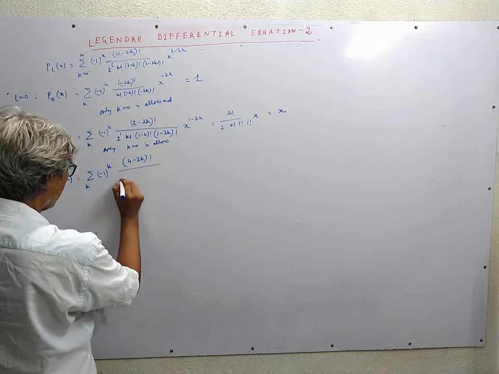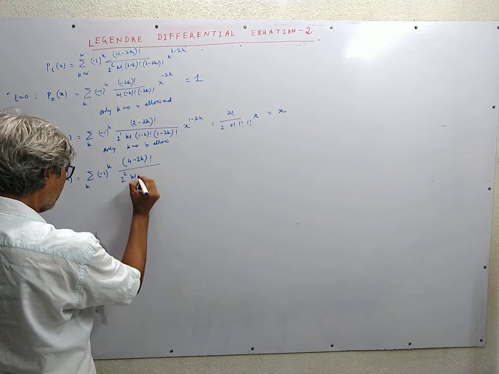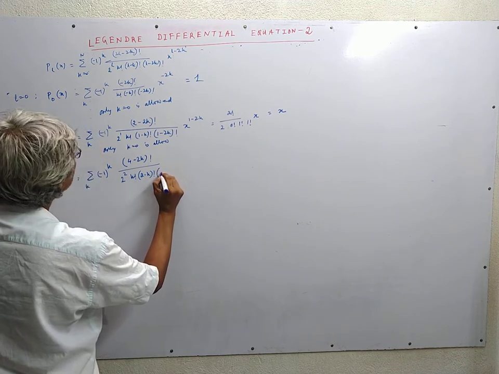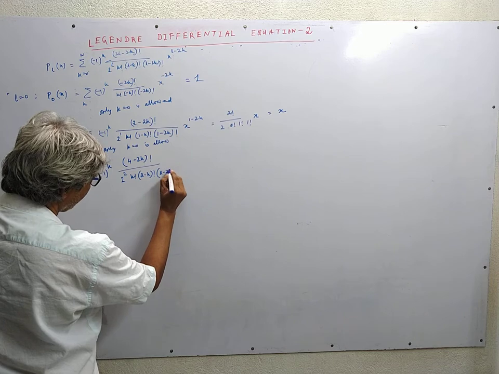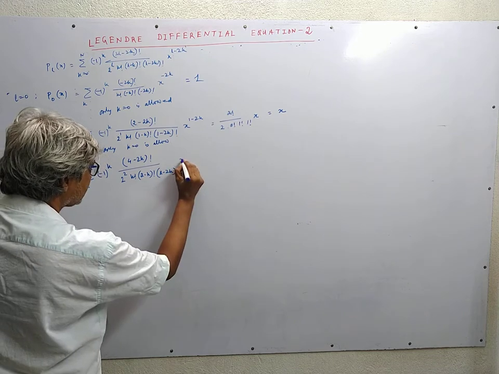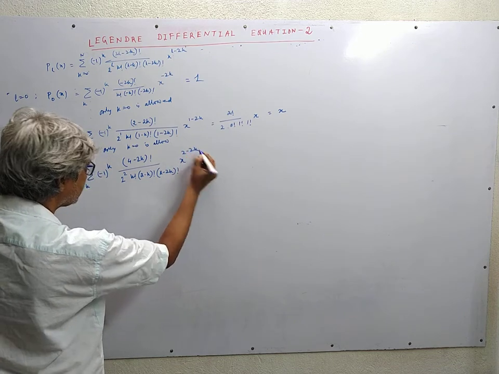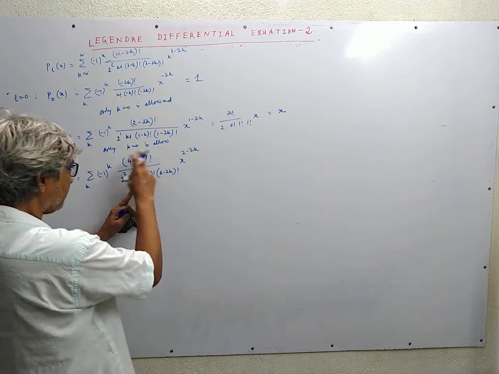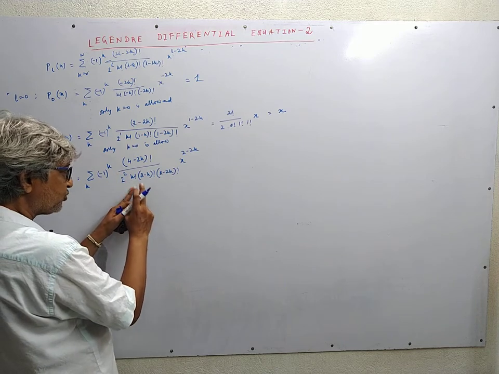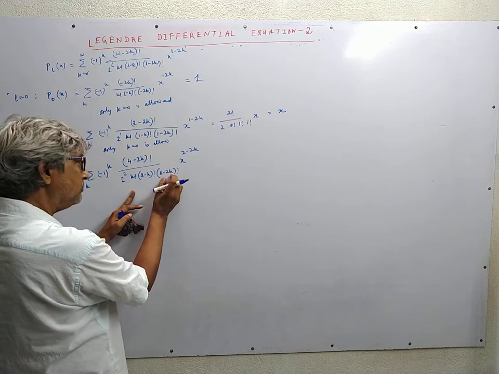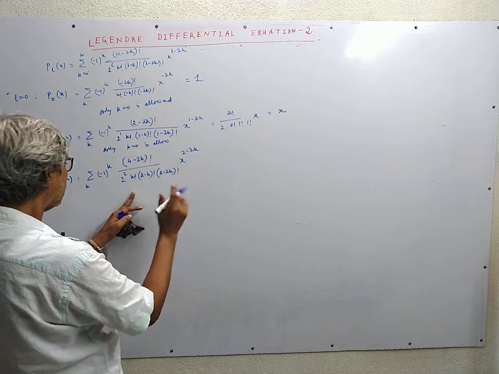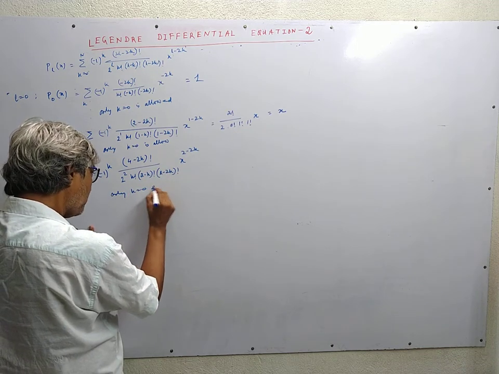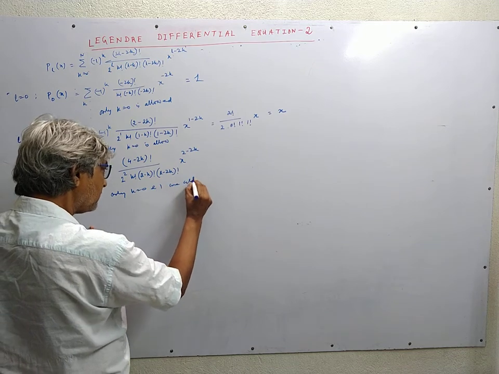In the denominator we have 2 squared, k factorial, (2 minus k) factorial, (2 minus 2k) factorial, x to the power (2 minus 2k). Now if we put k equal to 0, no problem, and if we put k equal to 1, this becomes 0, and you cannot have other values. So only k equal to 0 and 1 are allowed.